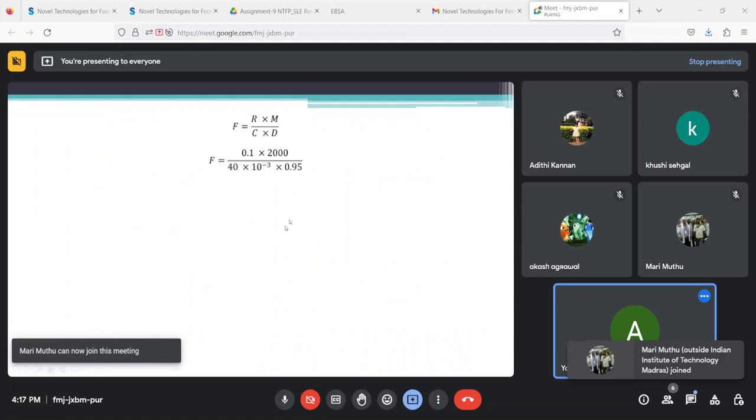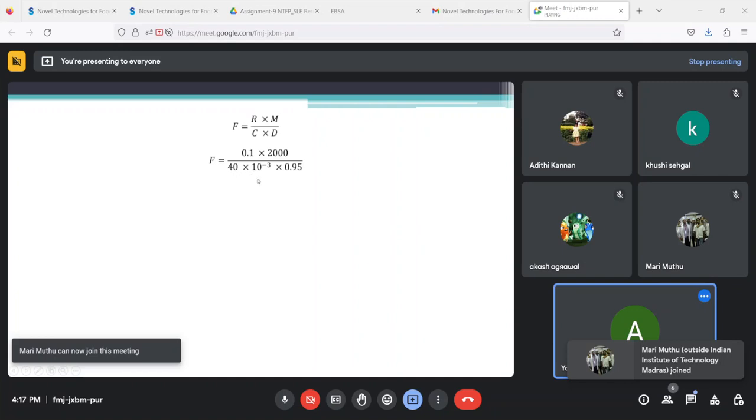So F is equal to R is in the same units, 0.1 microliter per kg per hour. M is 2 tons, which when converted into kgs, you multiply by 1000. So 2000 kgs. C is the allowed ethylene concentration in parts per million. So when you convert parts per billion into parts per million, you multiply it by 10 power minus 3.